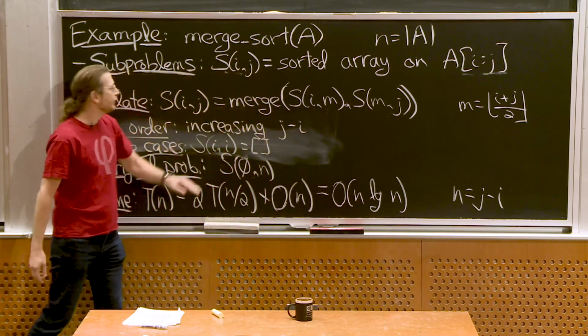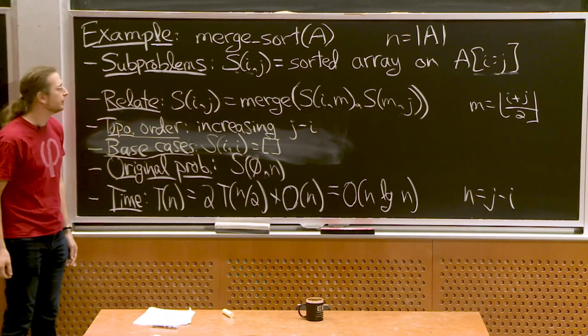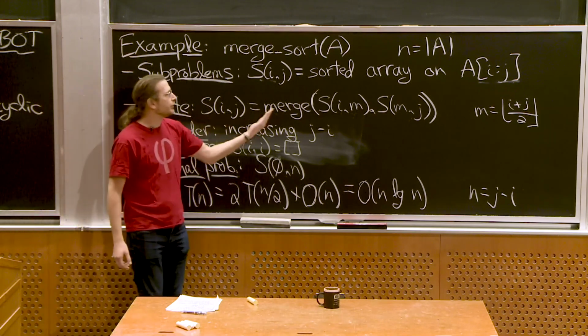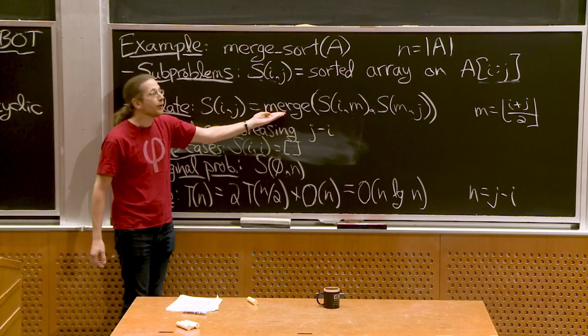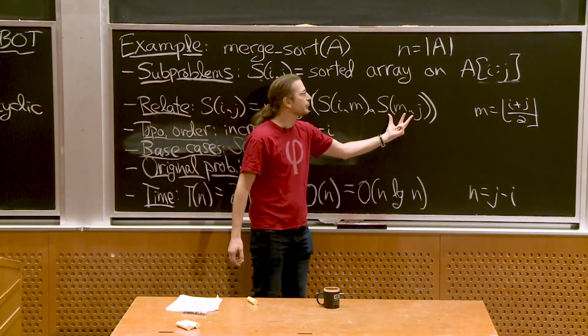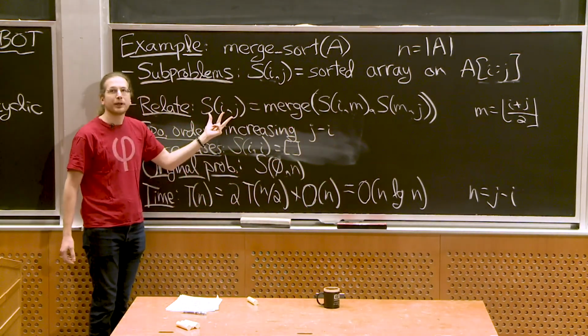If we merge those, that gives us the sorted array from i up to j. And that's exactly what merge sort does. So in general, this relation is just some algorithm for how, given the solutions to some smaller subproblems, I solve the subproblem that I want to solve.